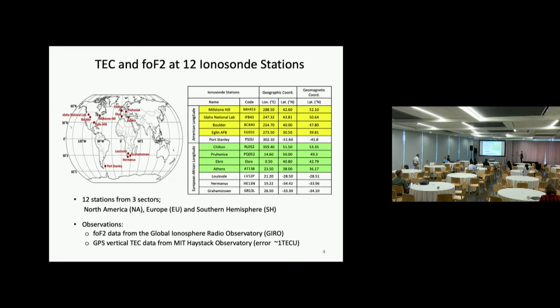We made a comparison between model and observed values for 12 selected locations, 4 from North America, 4 from the European sector, and 4 from the Southern Hemisphere, in order to see longitude dependence and hemispheric dependence in model performance. For observed values we used foF2 data from GIRO and GPS TEC data from the MIT Haystack Observatory.